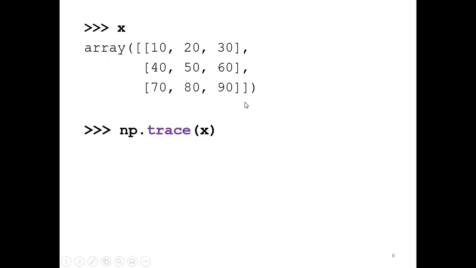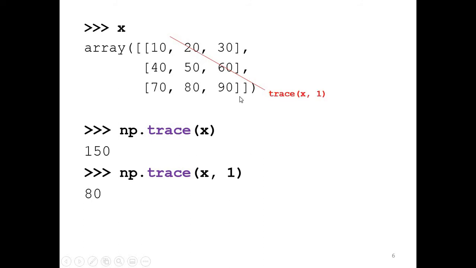Anyway, if you now take the trace, it is 10 plus 50 plus 90, so it is 150. Now you can also write np.trace(x, 1). Here 1 is not an axis, but the offset of the diagonal, the upper diagonal. So the trace will be 20 plus 60 equal to 80.